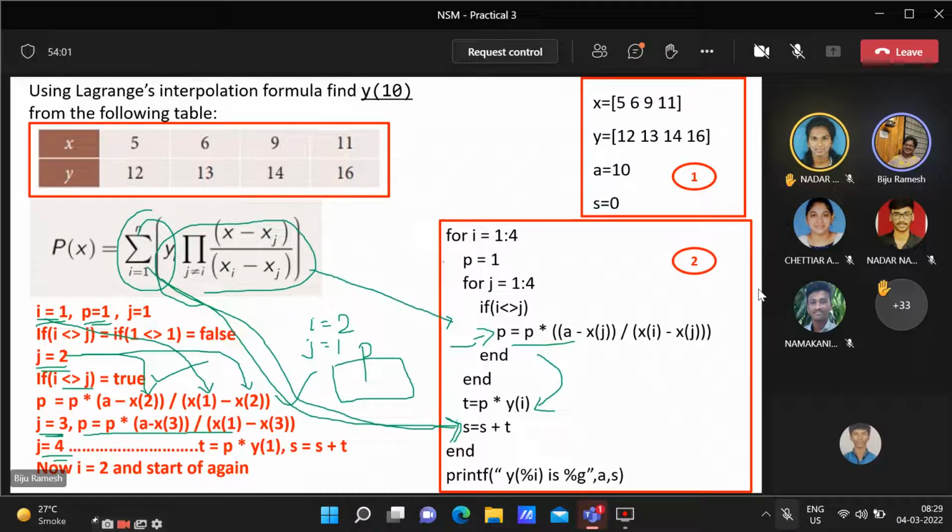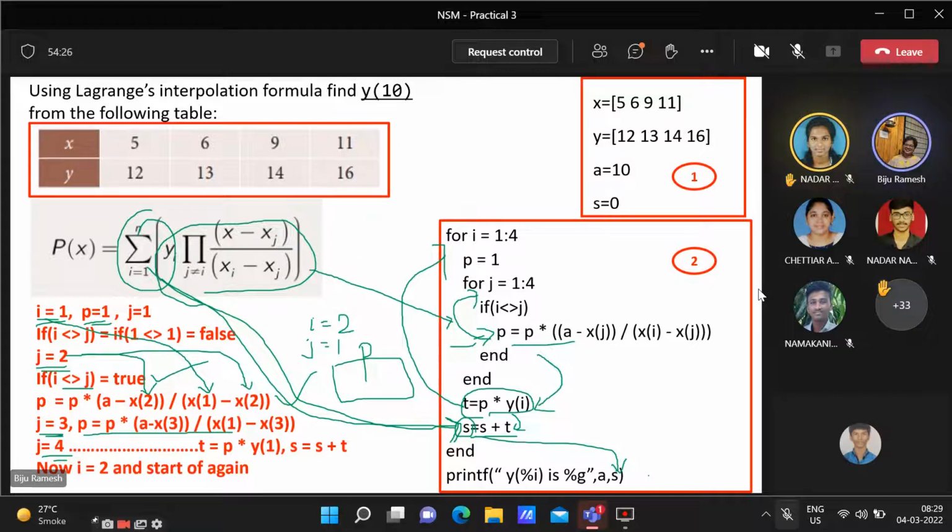You see here, this T is with respect to the I loop, whereas this product is with respect to the J loop. So the summation is done with respect to the I loop. You see S is equal to S plus T. So I told you, you can write this exactly here also. S is equal to S plus T. And whatever you are finally getting in this S will be your output.